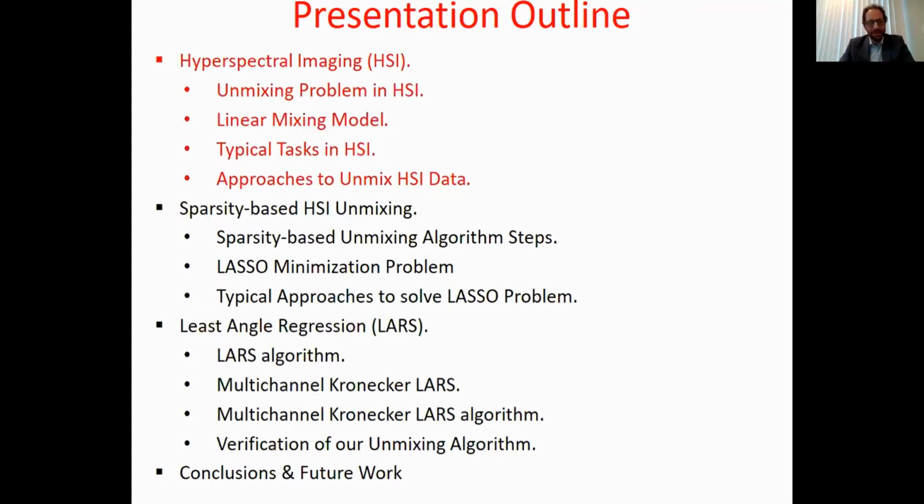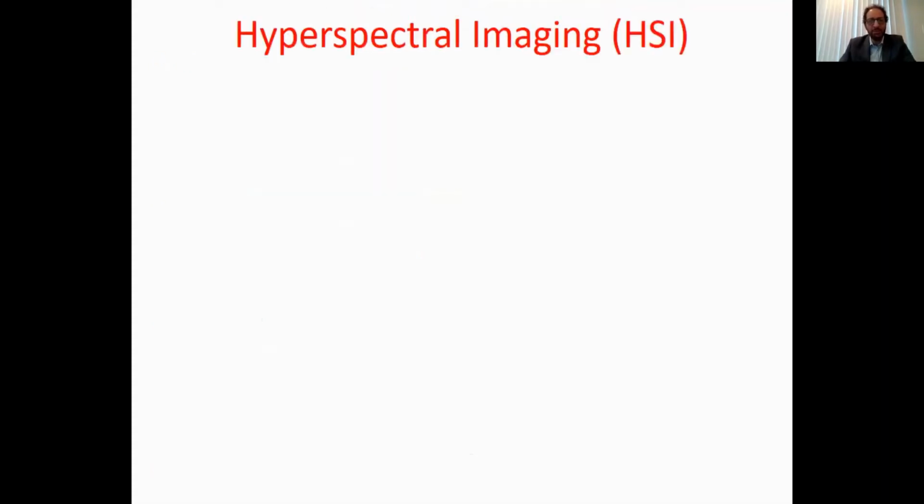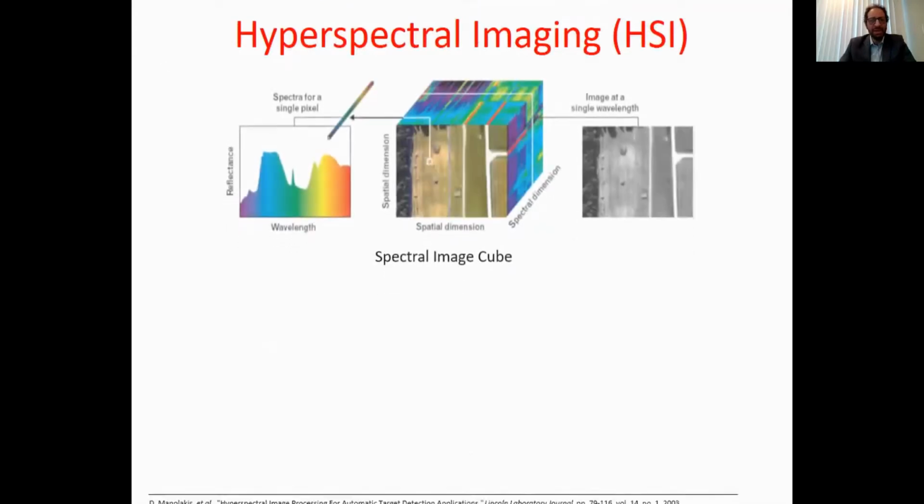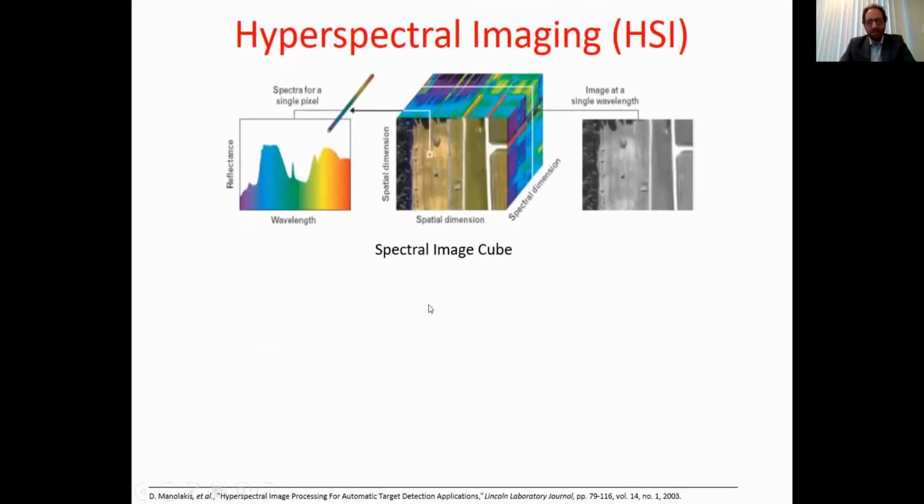So this is the section on hyperspectral imaging. Hyperspectral imaging essentially is what you see right here. This is an image, let's say from a satellite or from a plane, that is taking a 2D image using one wavelength.